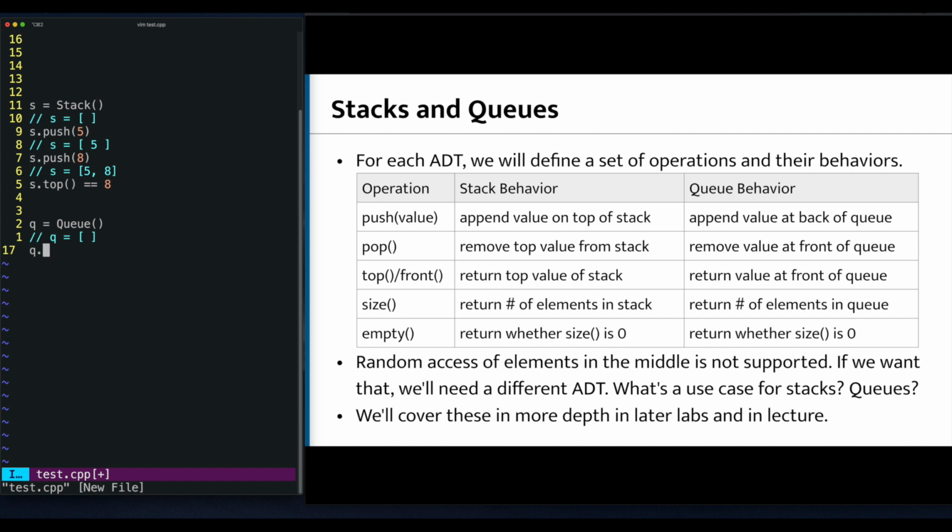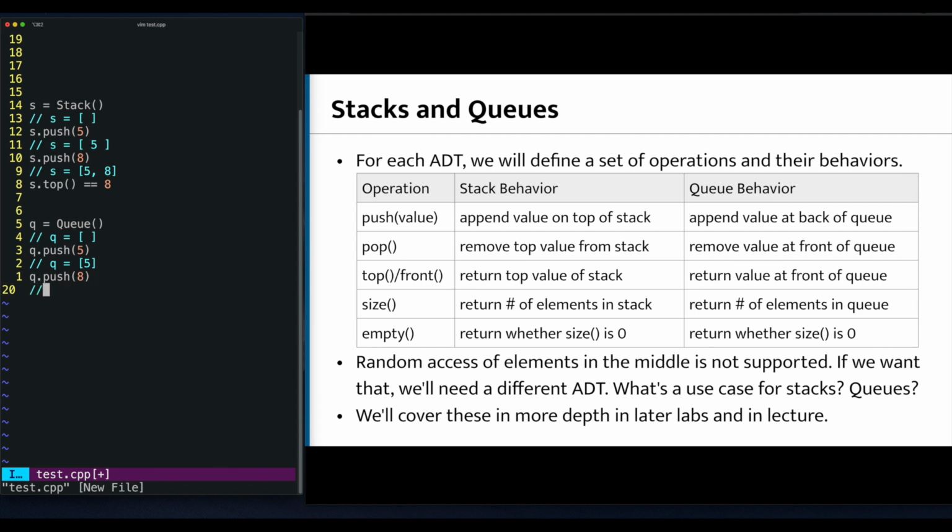Now let's do queue.push. We'll push 5 again. So now our queue looks like this, or something similar. And bear in mind, the comments are going into a little bit about the underlying implementation, but you don't have to worry about it. I'm just trying to show what the data structure would look like.